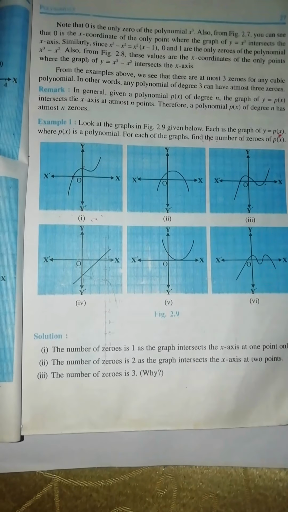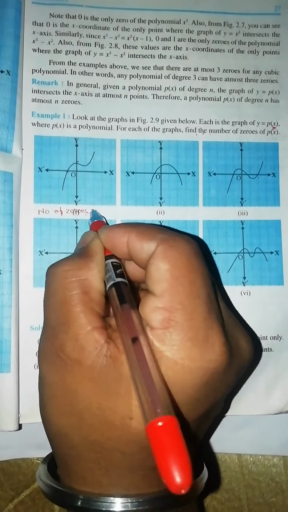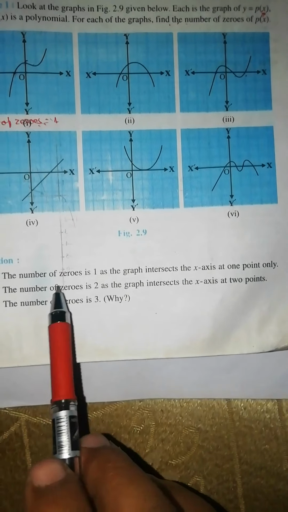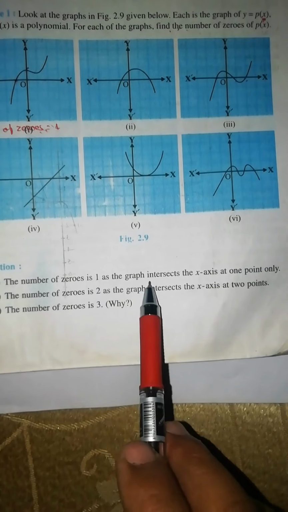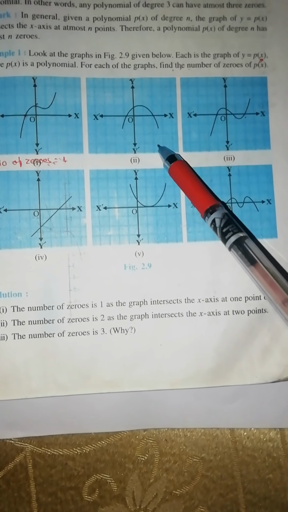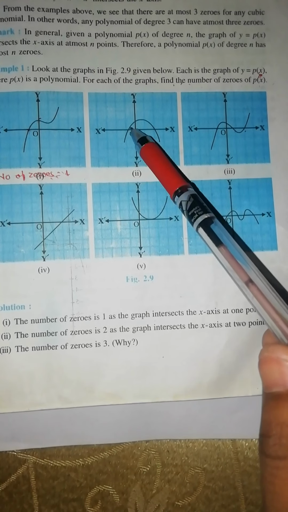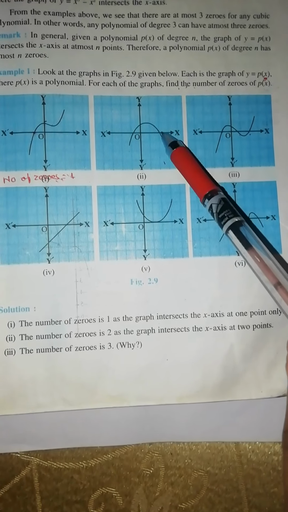So here the number of zeros will be what? 1. Understood? Here it is given: the number of zeros is 1, as the graph intersects the X axis at 1 point only. In the same way, in question number 2, how many times is the X axis being cut? 1, 2.